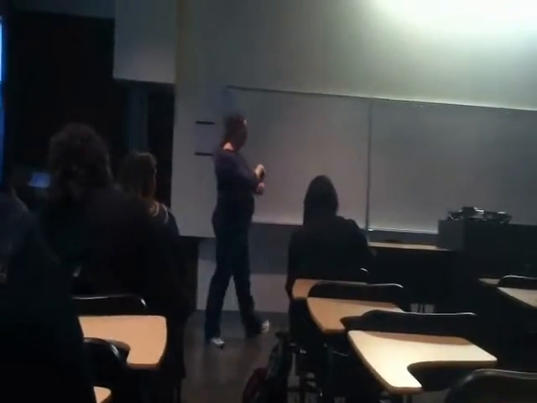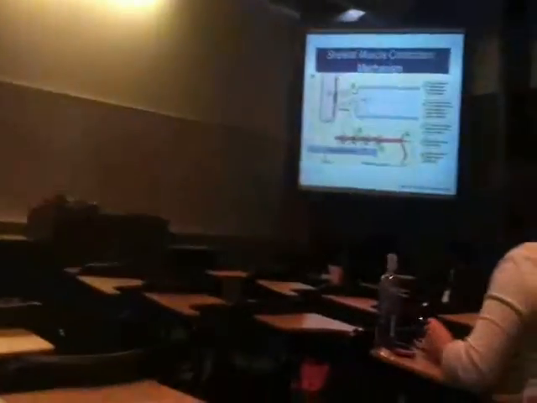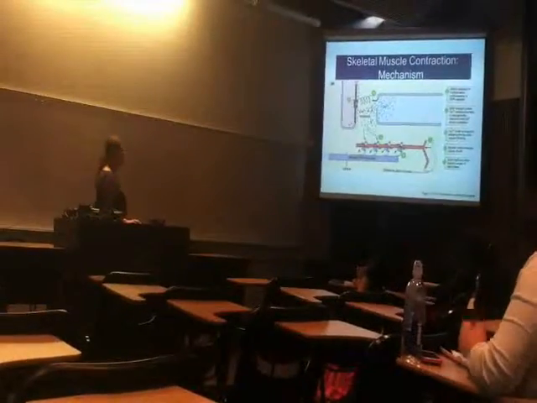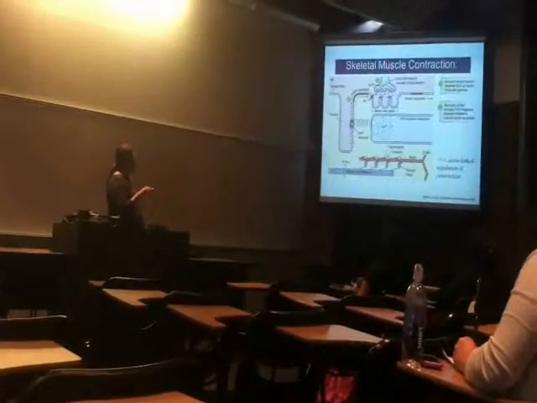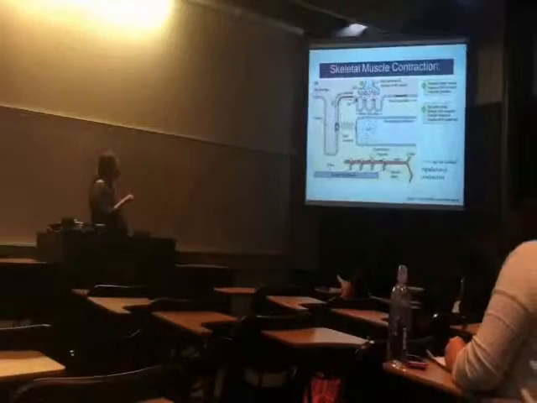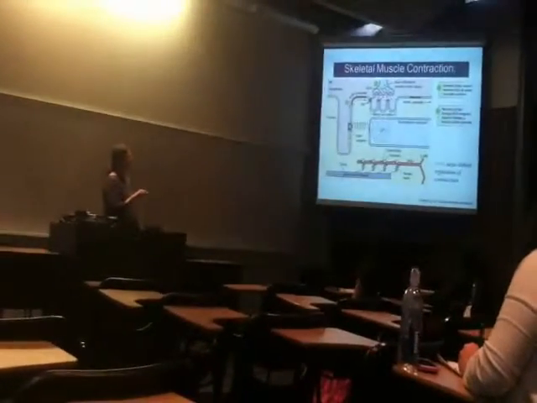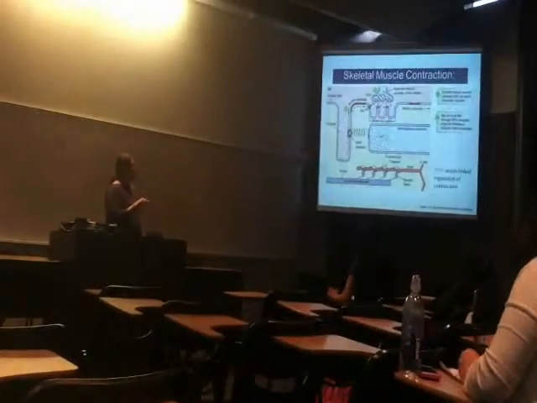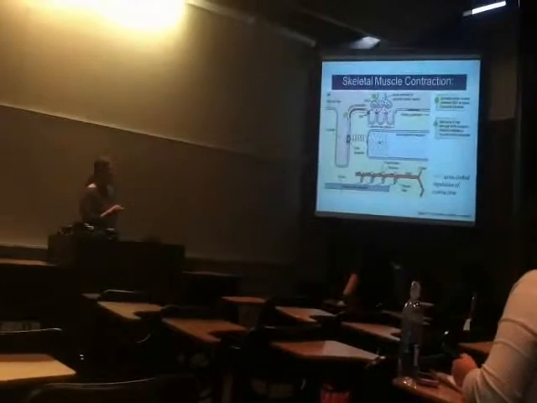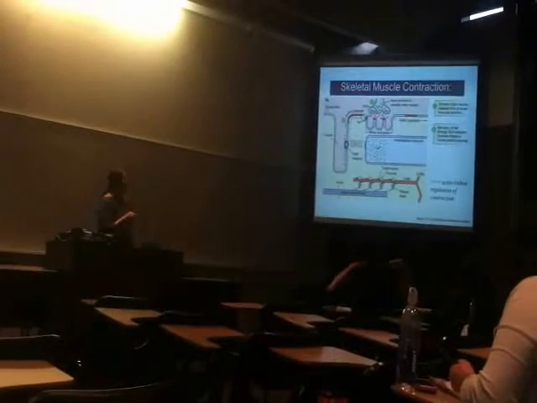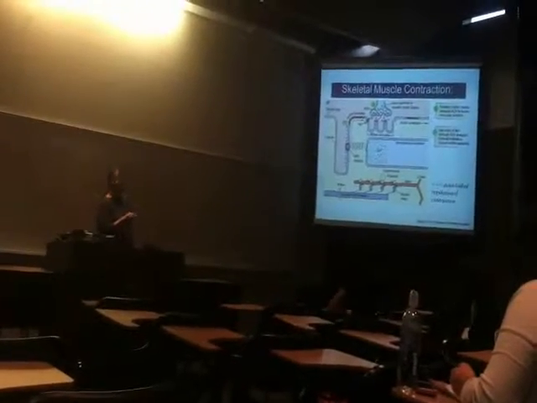Okay. So this is the whole excitable part. It's propagation of the action potential down the nerve, release of neurotransmitter, that's how they communicate. Neurotransmitter binds to ligand-gated channels, gets the motor end plate excited, the action potential is generated.